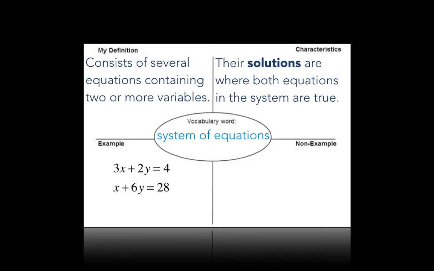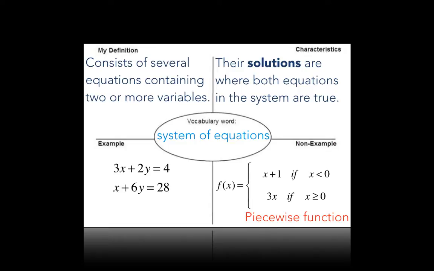This is an example of what a system of equations could look like. We have 2 equations that are representing a system. This is not a system of equations. This, we studied in our last unit, is called a piecewise function.